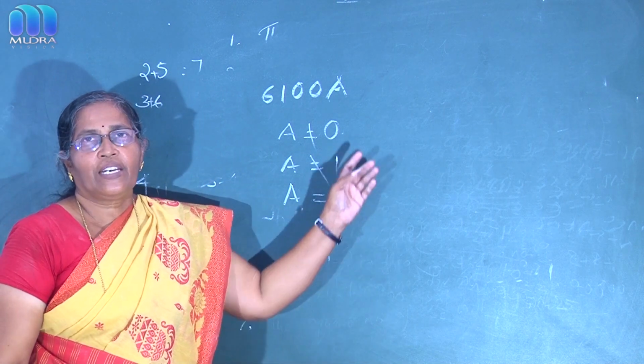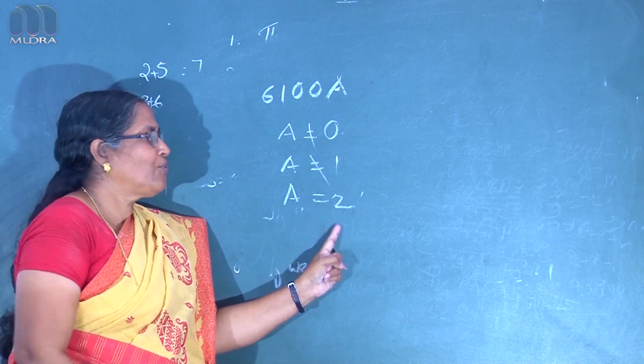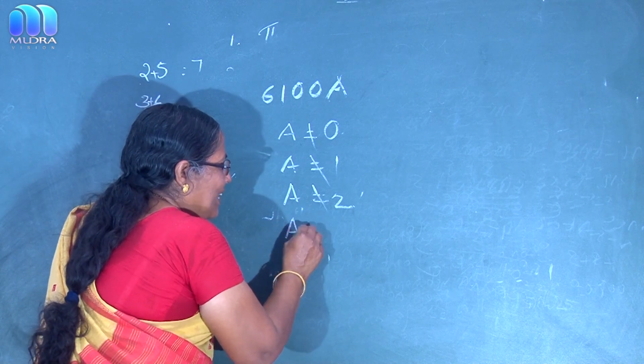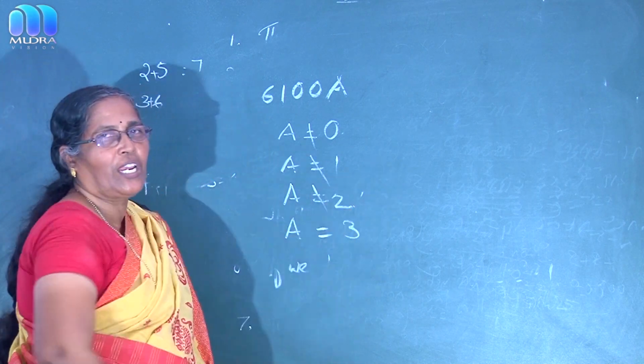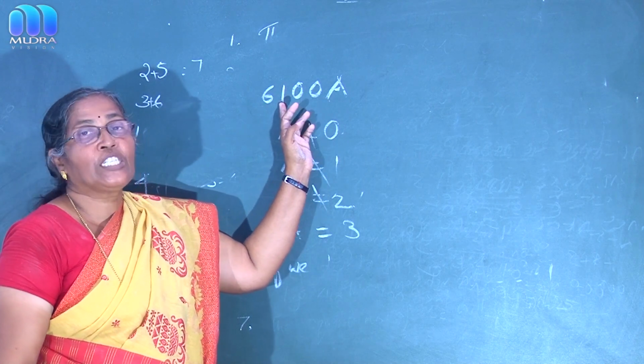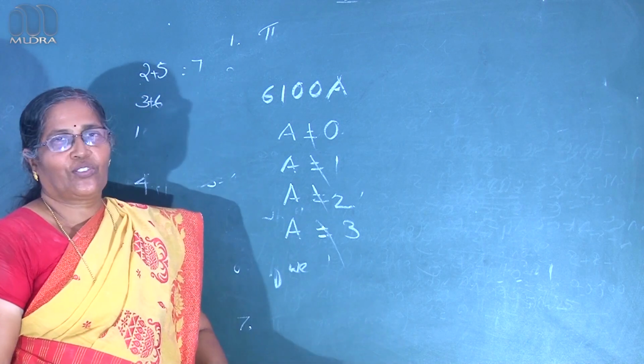We know that a square number will not end with 2. So, A is not equal to 2. Then we can check whether A is equal to 3. We know that the square number did not end with 3. So, A is not equal to 3.